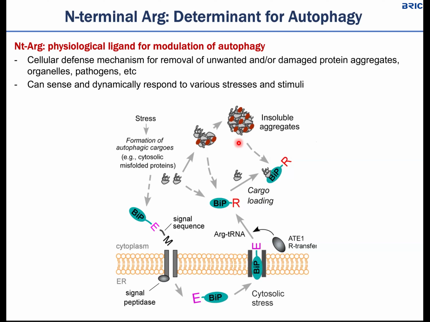We found that certain endoplasmic reticulum chaperones, such as GRP78 or BiP, could be retrotranslocated from the endoplasmic reticulum back to the cytosol after their ER signal peptide is cleaved, leaving them prone and open to N-terminal arginylation by ATE1. The resulting arginylated ER chaperones were targeted to and degraded by autophagy.